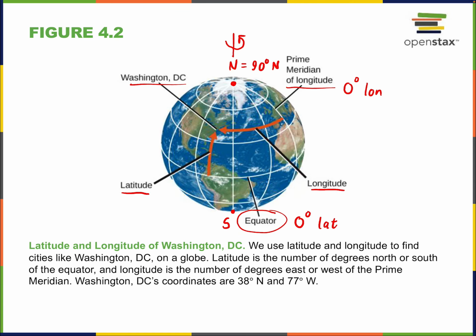All right, and actually DC, there it is, 38, so not quite 40, and 77. So I was a little low on my approximation. Again, I was just looking at the length of this arrow here, and each of these steps is 30 degrees. That's how I estimated something on the order of 60, but it's closer to 77, almost 80 degrees west from the prime meridian passing through England. Okay, and pretty close to 40 degrees north though.